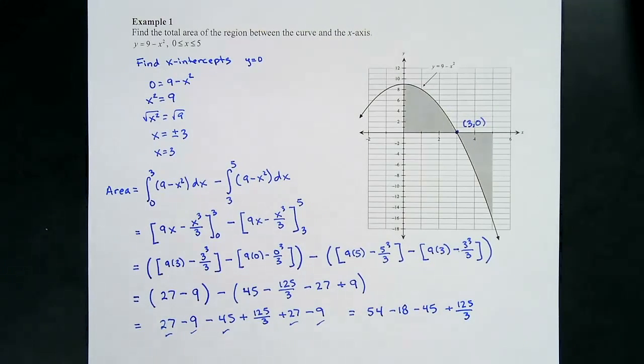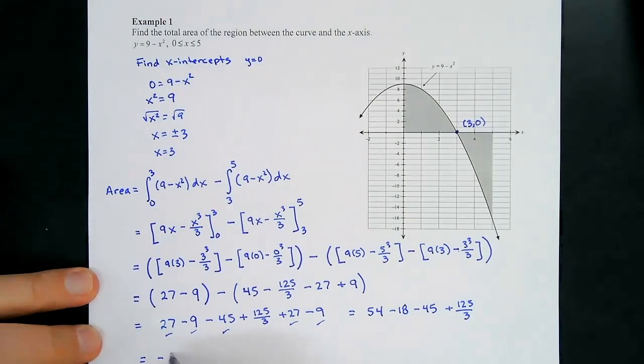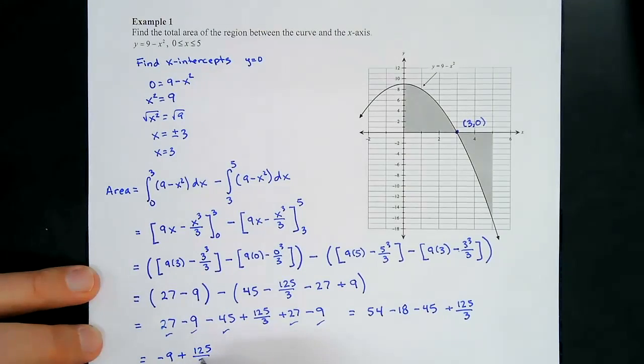Okay, so what is 54 minus 45? That would give you 9 minus 18. So this is minus 9. So this is equal to negative 9 plus 125 thirds.